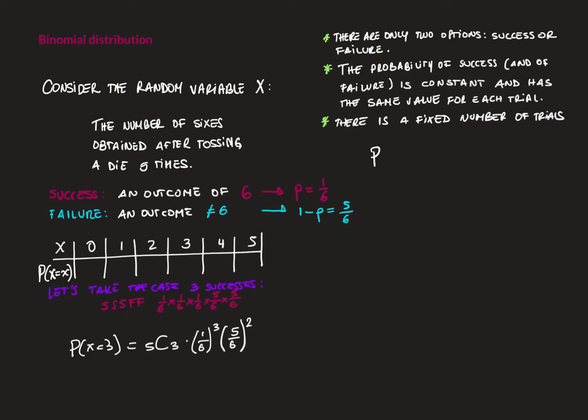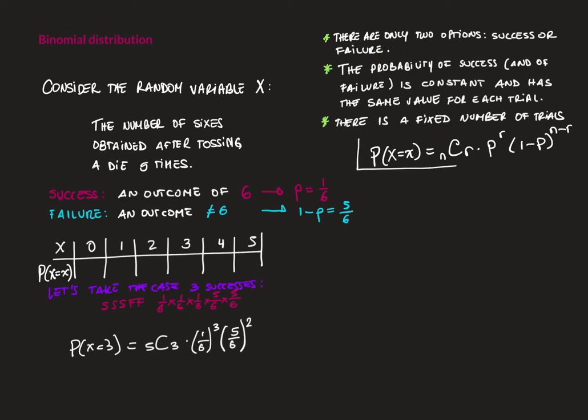So we're going to calculate the probability of x equals R as the combination of the number of trials, n, and how many successes we want, let's call that R, times the probability of success, we're calling it p, to the power of the number of successes, R. And then times the probability of failure, 1 minus p, to the power of the number of failures. In this case, the number of failures would be n minus R.